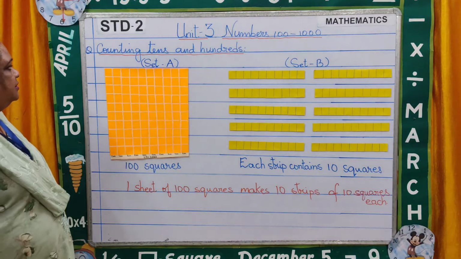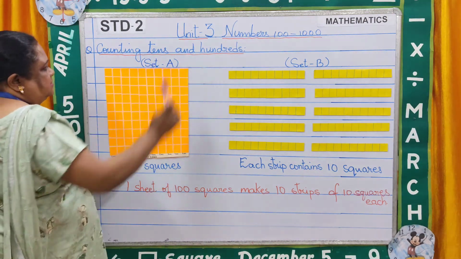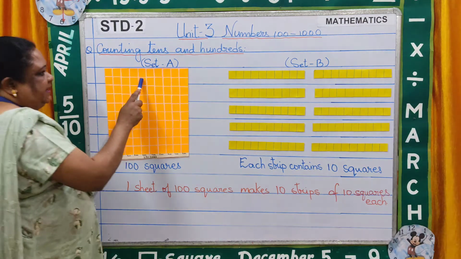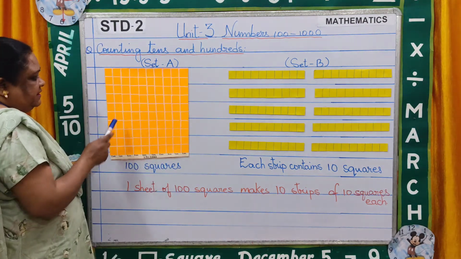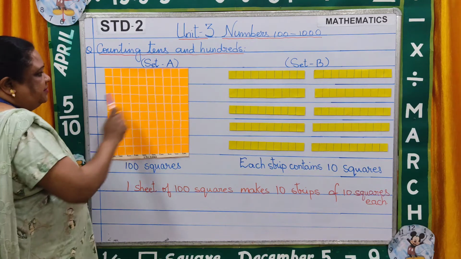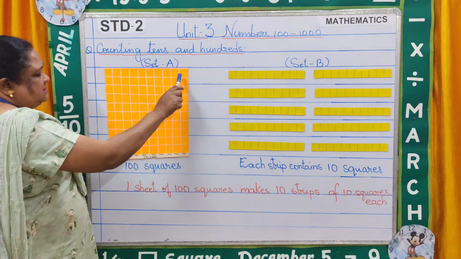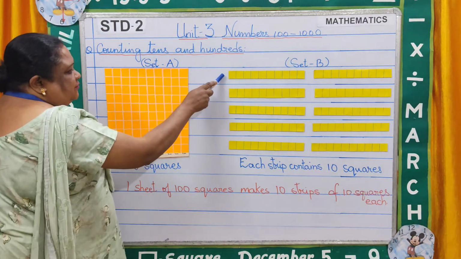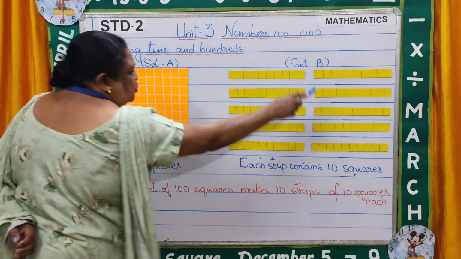Now children, counting tens and hundreds. Set A and set B. This is a square having 100 squares. Each line has 10 squares. And the same thing has been done for you here so that it becomes easier for you to count.